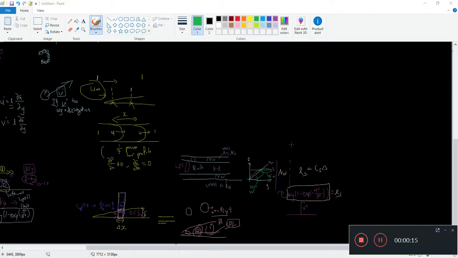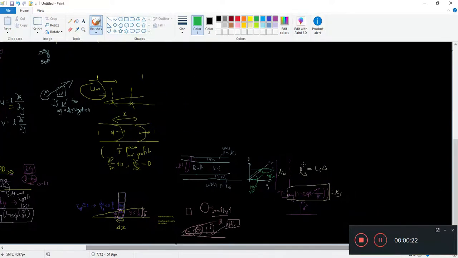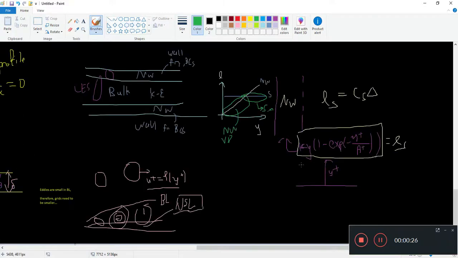In the last few videos we were always talking about wall functions, and this law of the wall, where the dimensionless velocity varies with dimensionless distance from the wall, either using some Van Driest model or some other experimental model.